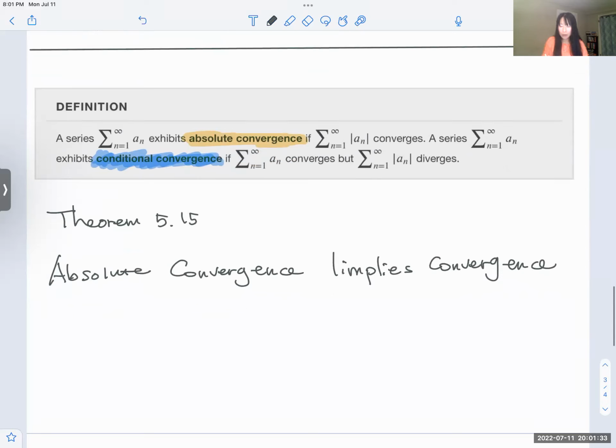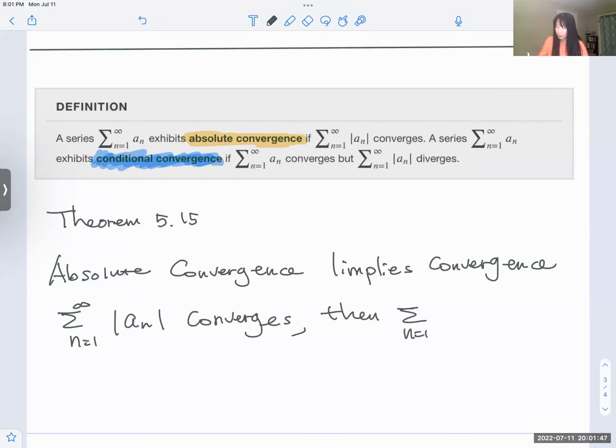So if the absolute series of a sub n converges, then the series from 1 to infinity of a sub n converges as well. All right, let us do an example.